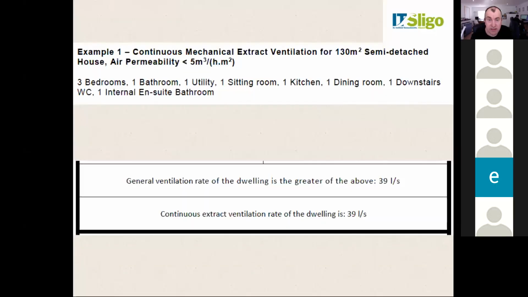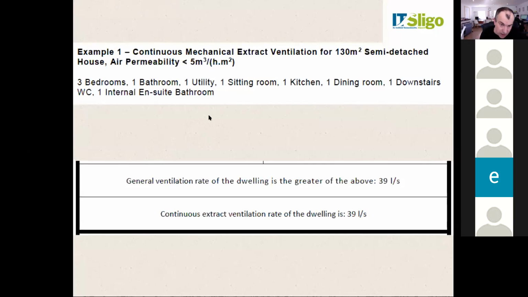So I'm going to switch now back to the screen, share the screen again. Back to PowerPoint. So it's 39 liters per second there. That's stage 1.